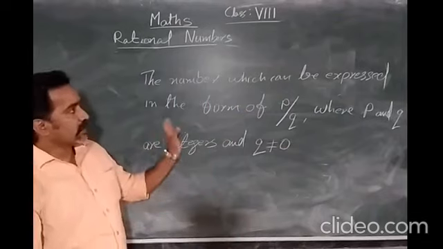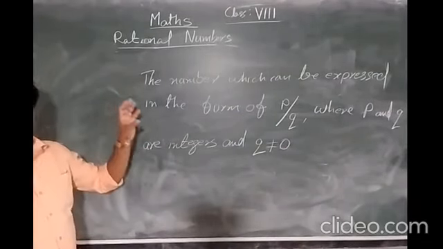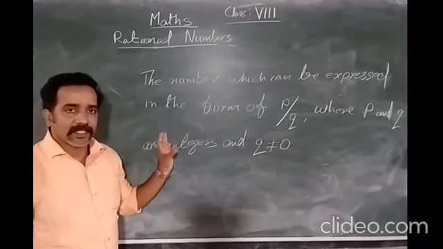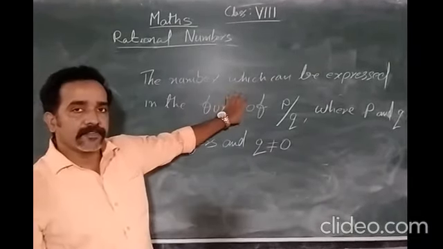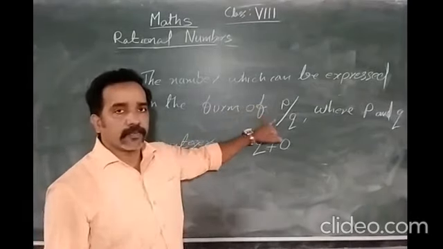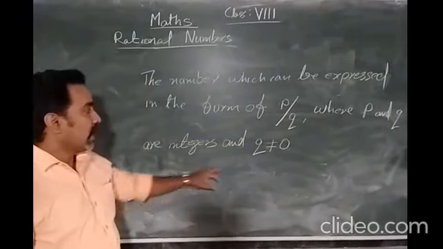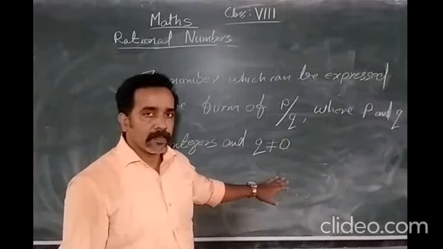A number is said to be rational if that number can be expressed in the form of p by q, where p and q are integers and q not equal to 0.